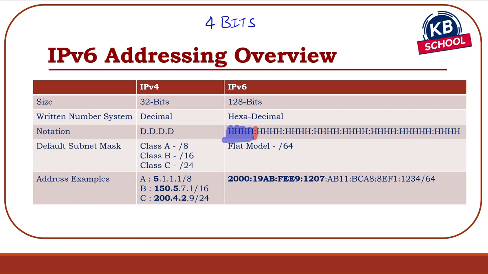Again, you write another 4 hex digits in a block, separated with a colon, and keep on writing it. So in each block you have 4 hex digits. So rather than delimiting with the dot, they use a colon.